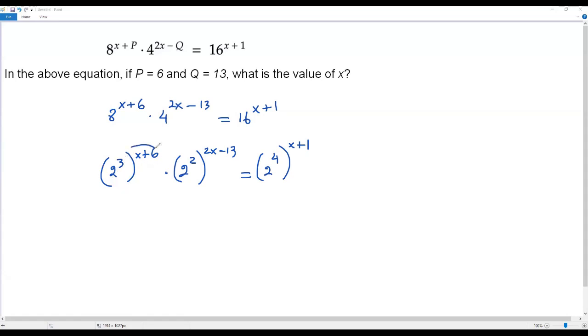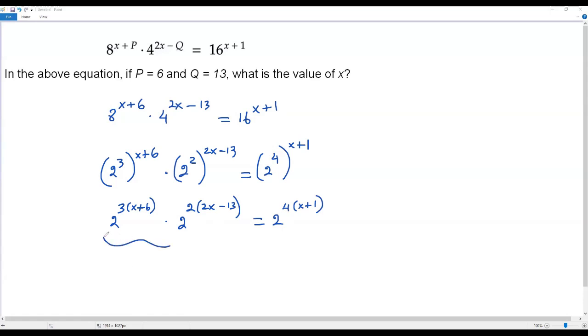Here we have base 2 and the exponent 3, and for the complete stuff we have the exponent x positive 6. Whenever we have two exponents like this, we can multiply them according to the power of a power rule. So I'm getting 2 to the power of 3 times x positive 6, times 2 to the power of 2 times 2x negative 13. On the right side, the same thing: base 2, and we multiply the two exponents, that is 4 times x positive 1.